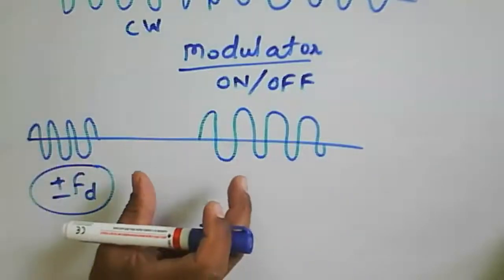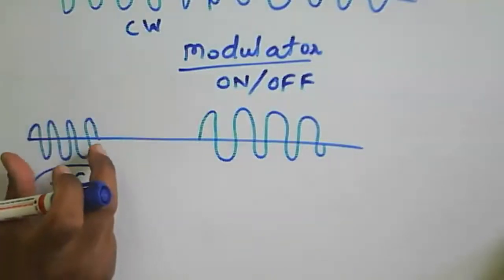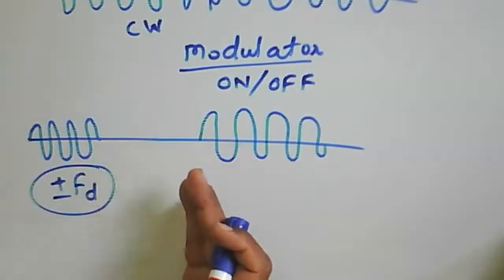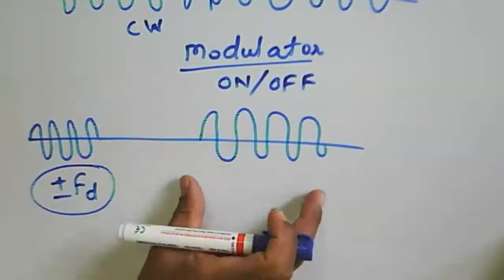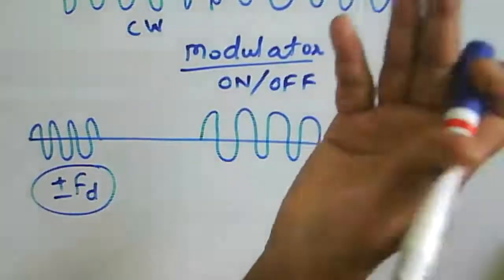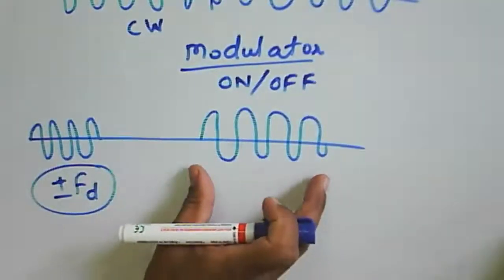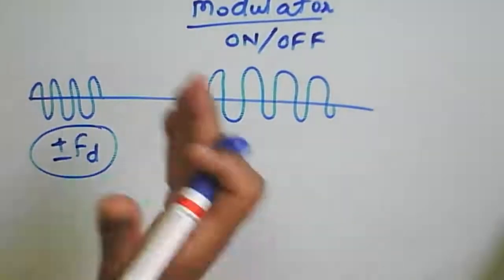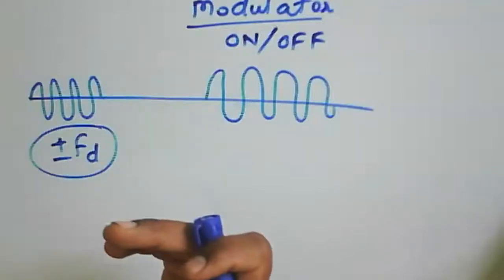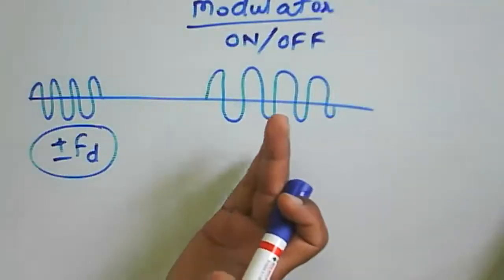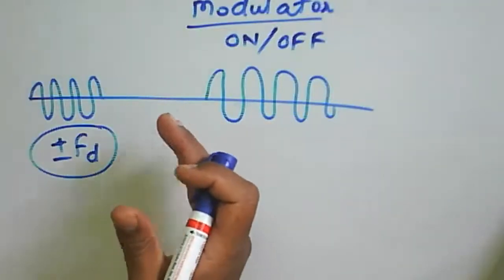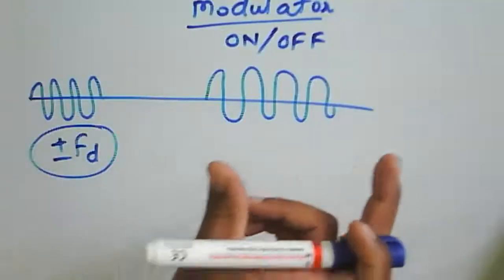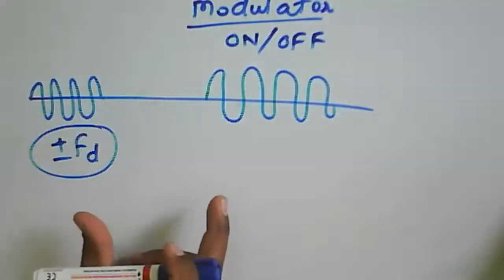Then off, because a train of pulses is transmitted, and then we have to immediately receive the train of pulses before the next on-off action occurs. In pulse Doppler radar the receiver is separate, so it is not dependent on the transmitter.